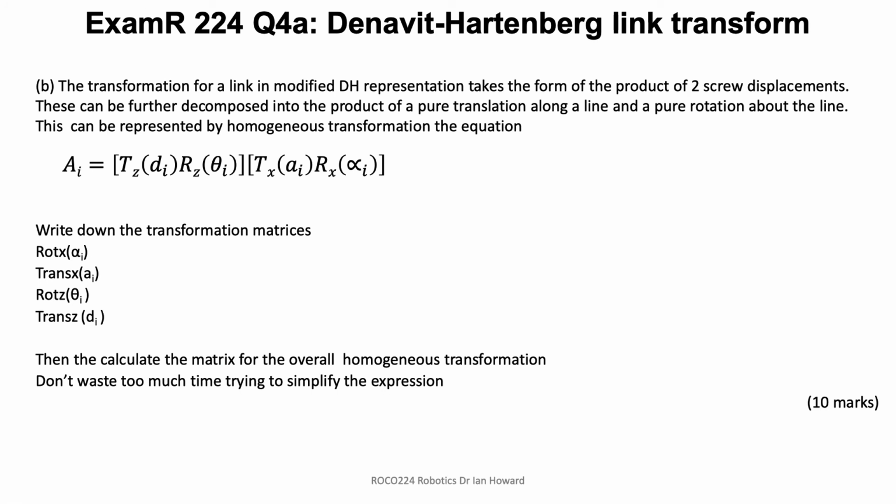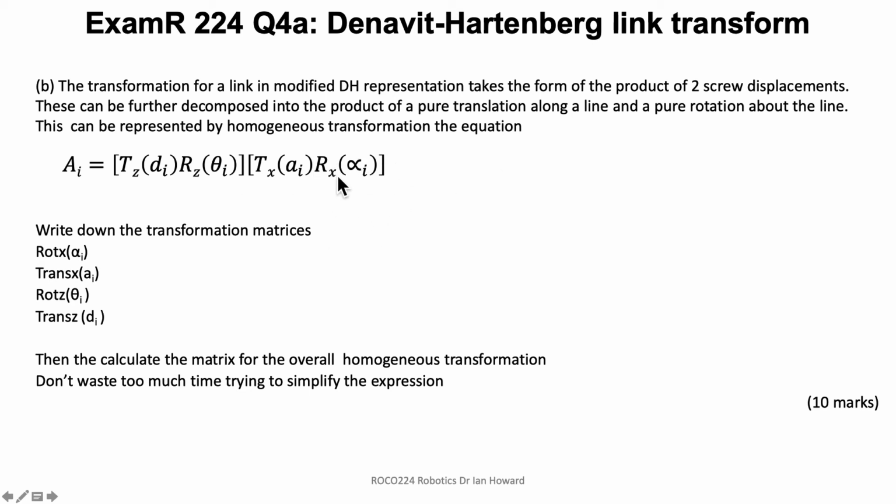It's asked to calculate what the DH representation is going to be, given the fact that it's a product of two screw displacements, and we're told that this can be represented by a homogeneous equation given as follows.